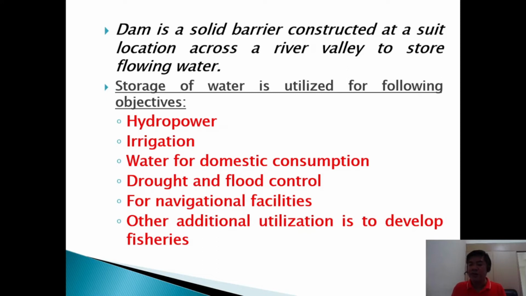There are also dams whose main purpose is only to control the flooding in the area. There are others for navigational facilities also, and of course it is for tourism purposes.